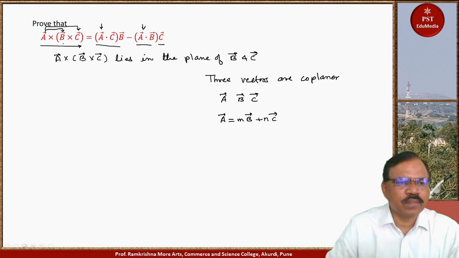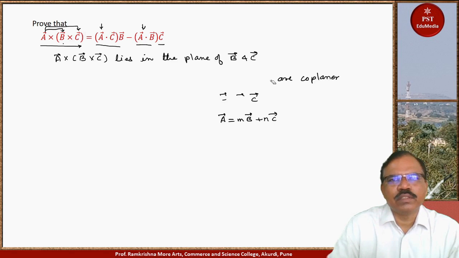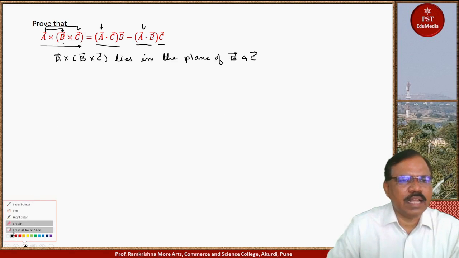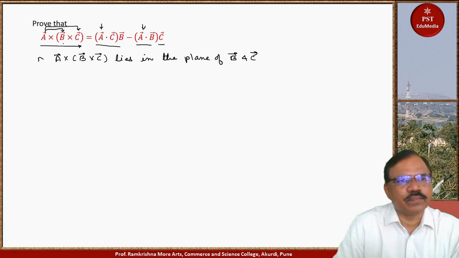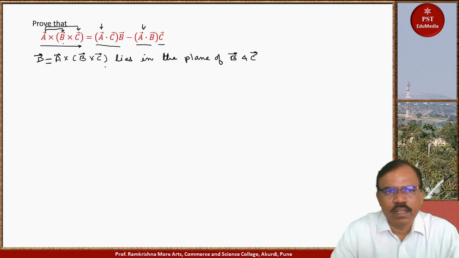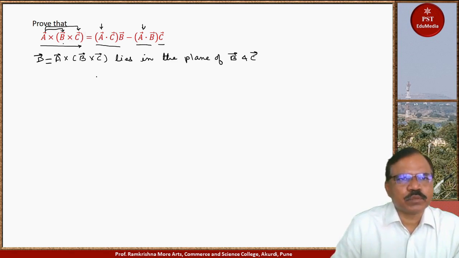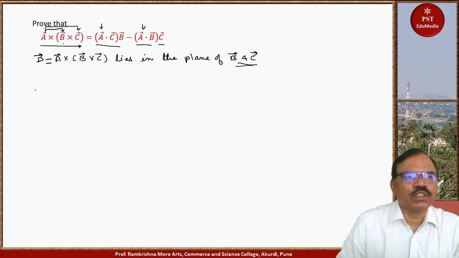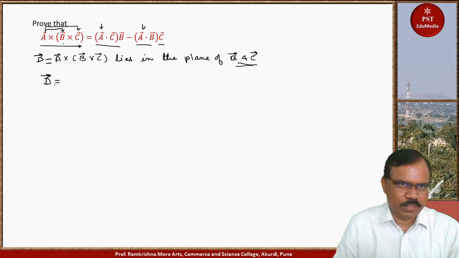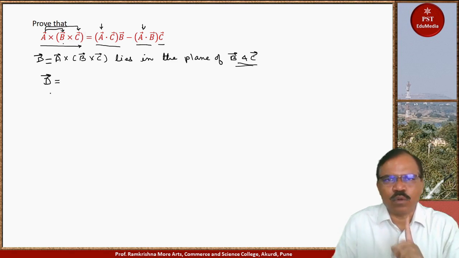So what happens here? Here we have three vectors now. So let us call this vector D vector. So D is equal to A cross B cross C. D lies in the plane of B and C. So I can write D is equal to a linear combination of B and C, because D, B and C are coplanar.